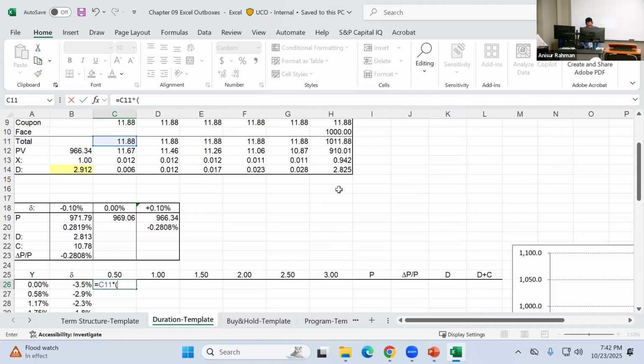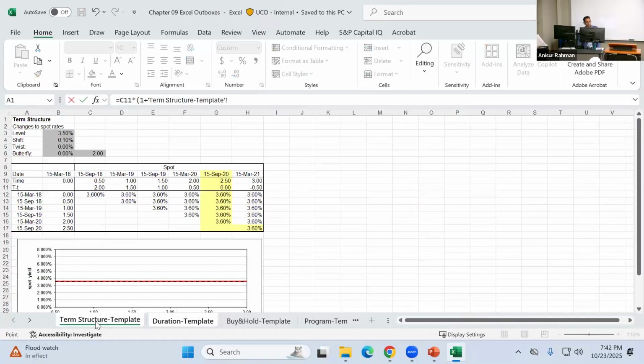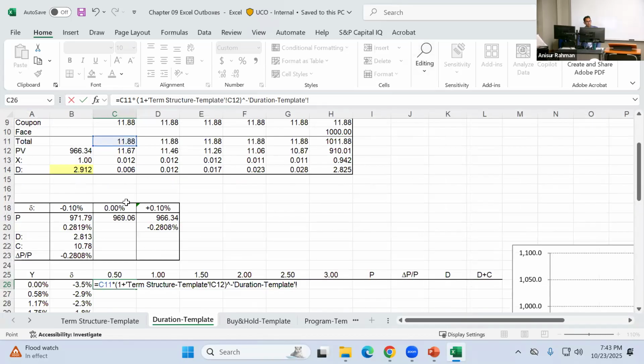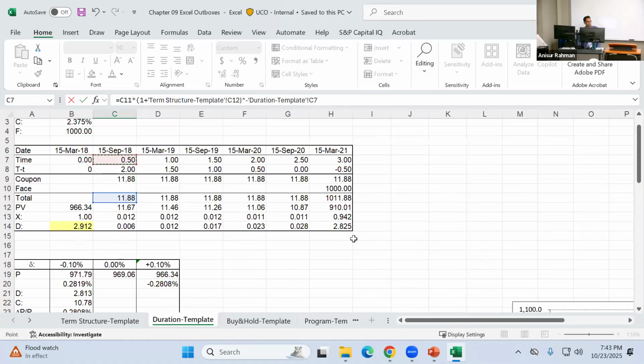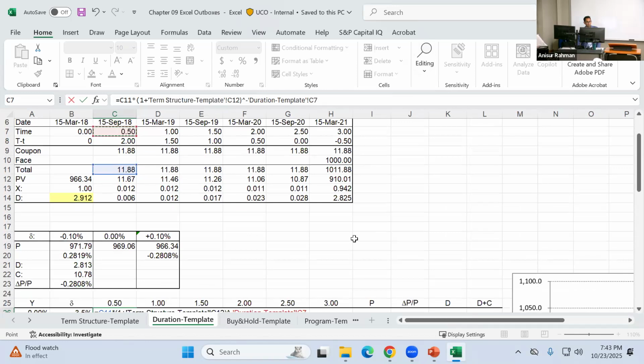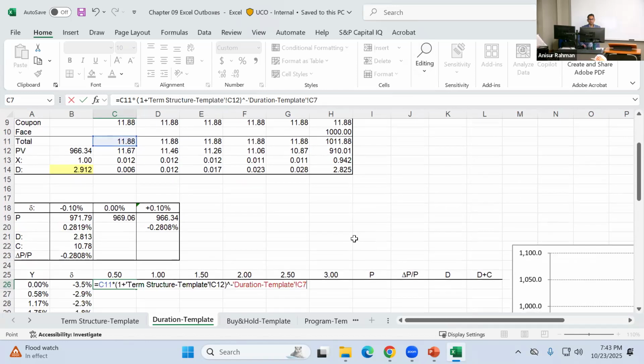Times open parenthesis, 1 plus our interest rates coming from the term structure, raised to the power minus, come back to duration, this time. Is 0.5? Yes.